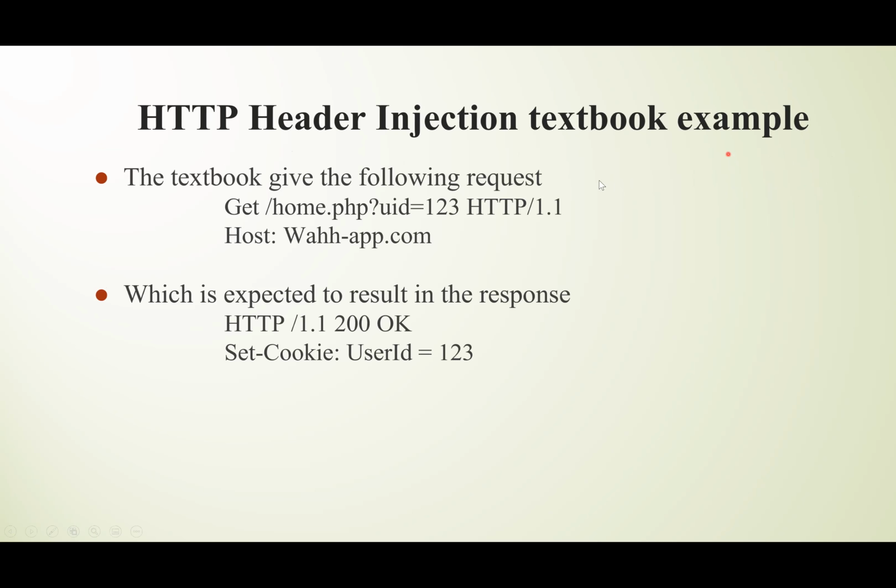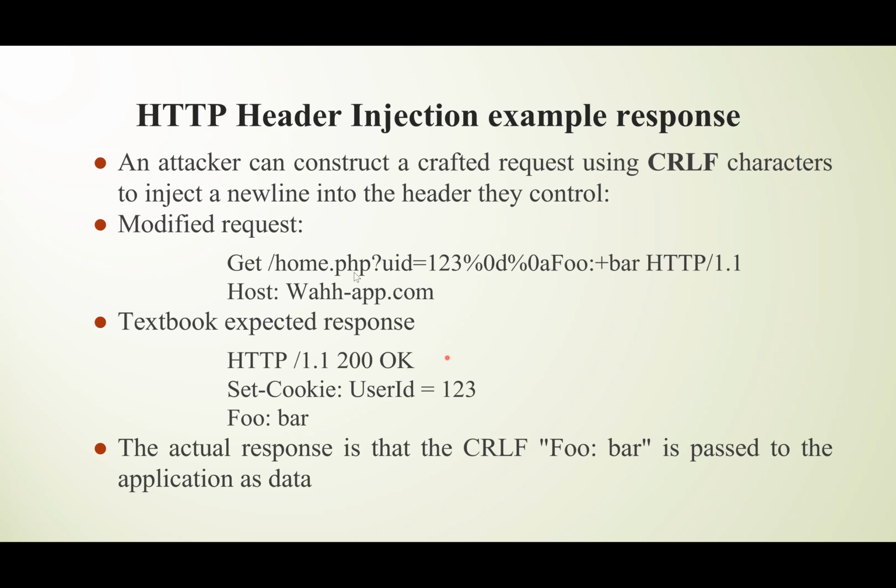Here's what they thought it was. They would say, given that you have a URL like this, this is a GET command coming from the browser going to the server, making a request, and then the server is expected to respond and take this value that you sent as user ID and put it in the cookie. Easy enough. Now, HTTP injection is supposed to work like this: if they put a carriage return line feed, the end of the line, in there, and then add this, that somehow that would end up in the response.